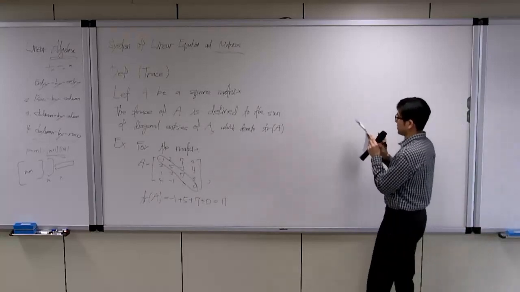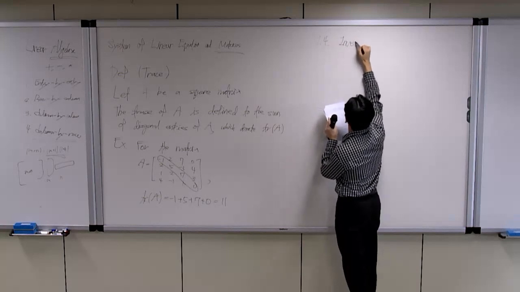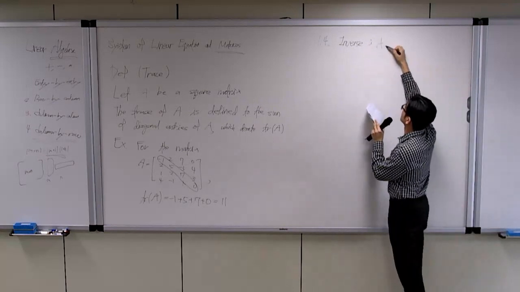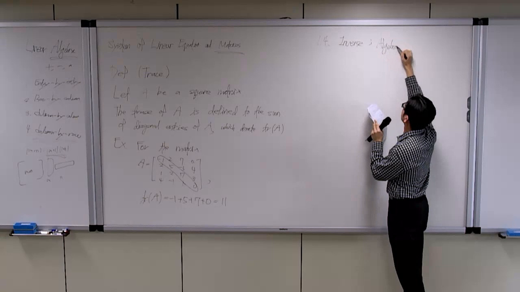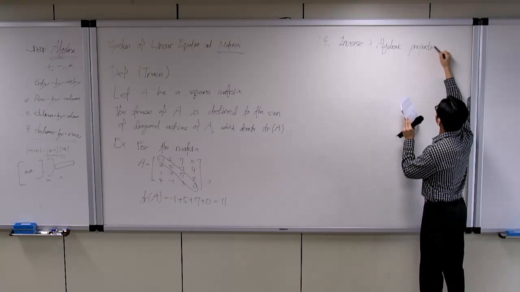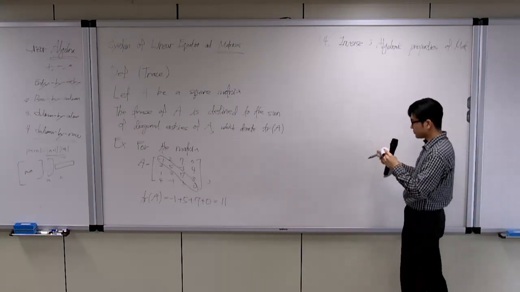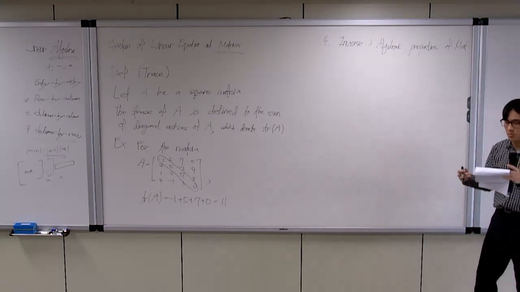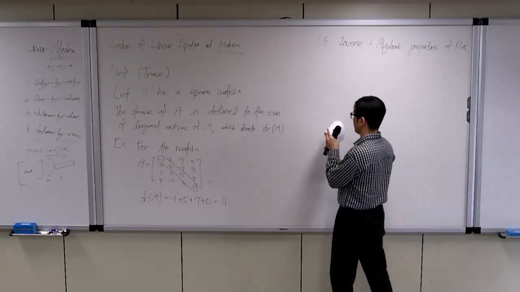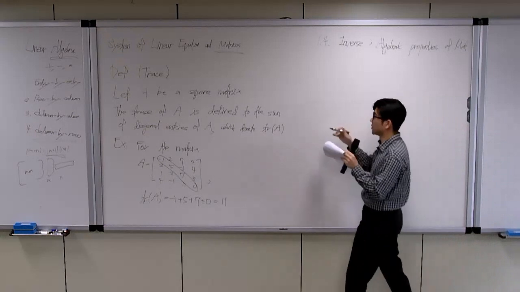Let's enter the inverse, and some algebraic properties. We defined plus for addition, subtraction, and multiplication, and we saw the associativity of multiplication.